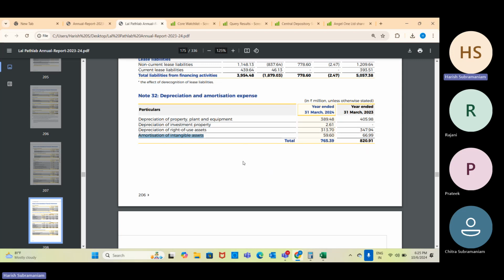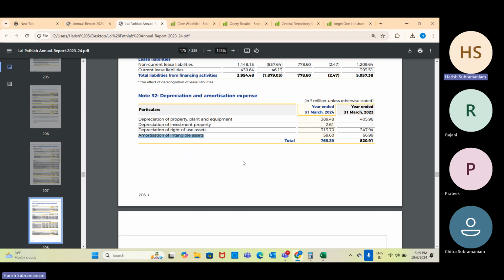Amortization is, for example, when Lal Pathlabs buys a smaller laboratory which is very famous in one particular city. Let's say there is a laboratory, ABC lab, which is very famous in the city of Bombay. Lal Pathlabs has bought that lab. Then they will have an agreement saying, okay, you can use the ABC lab brand name for 5 years.